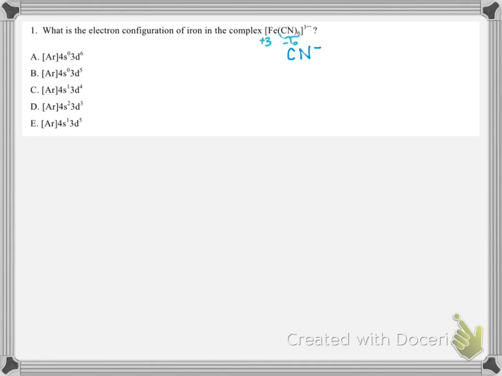Whenever I have an ion that I have to write the configuration for, I start by writing the neutral element's configuration. So for iron, we'll start with the argon core, 4s, and then our 5 3d orbitals.